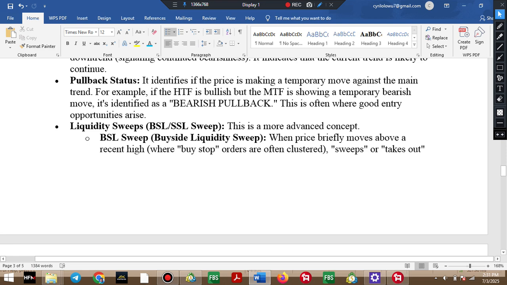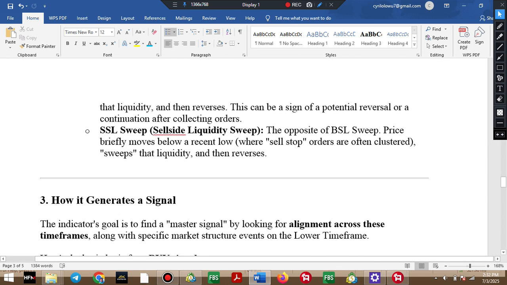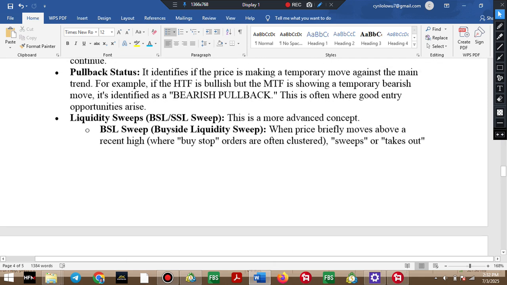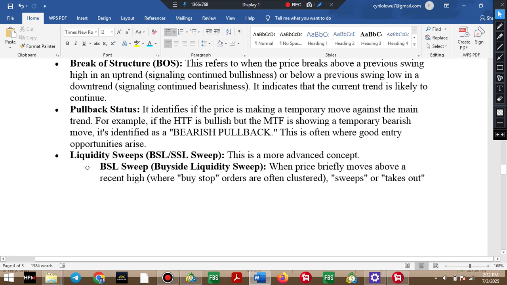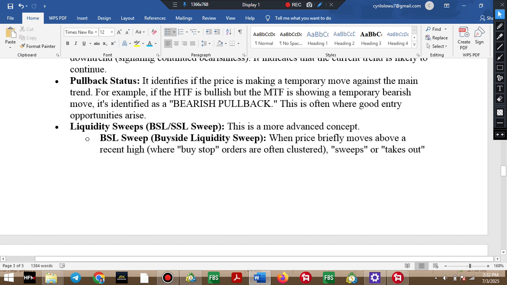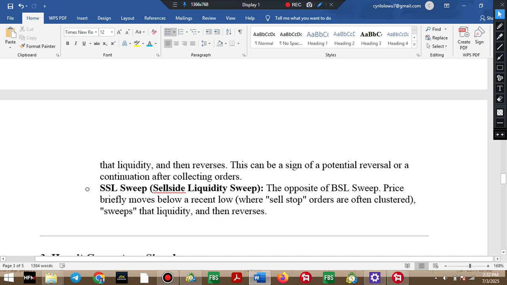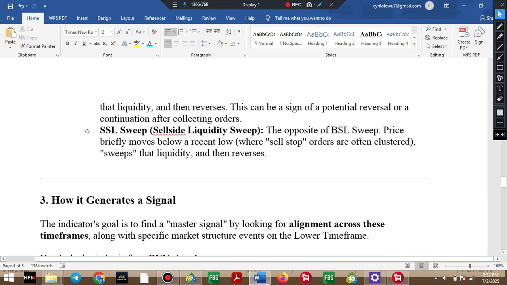It also checks for liquidity sweep. Talking about that liquidity, it also tells you when price briefly moves above a high, that is buy side liquidity. Then when price briefly moves below and comes back, that one is sell side liquidity, right?